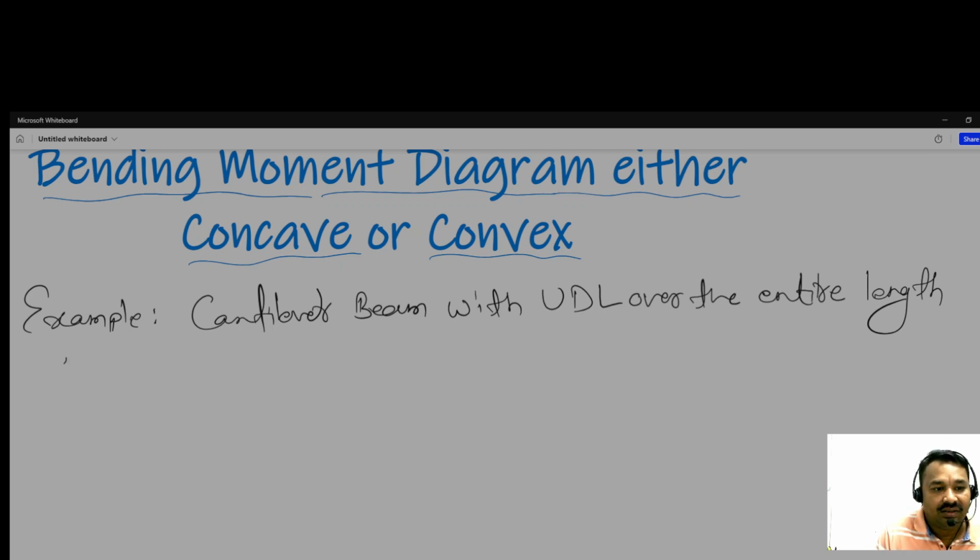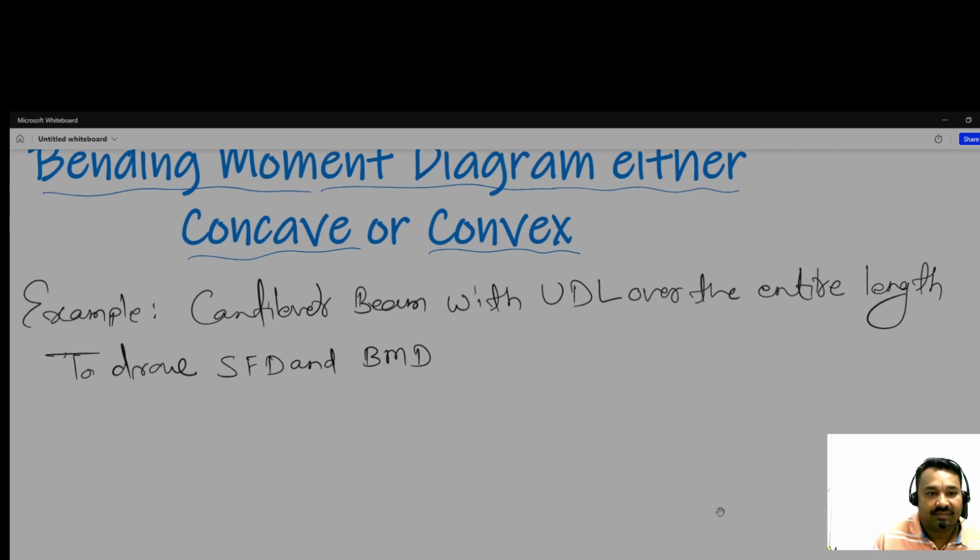Our task is to draw the SFD and BMD, meaning the shear force diagram and the bending moment diagram.